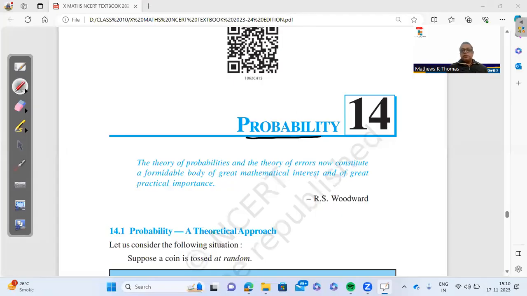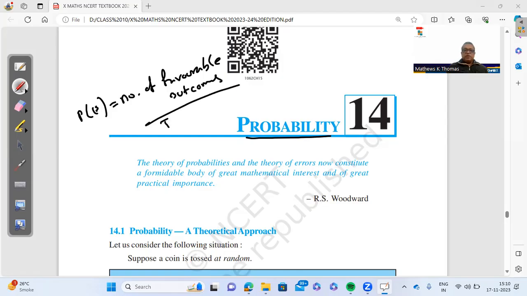Then the last chapter is probability. In probability, there is only one formula. Probability of an event is the number of favorable outcomes divided by total outcomes. This is the one formula that you have to use in this chapter.